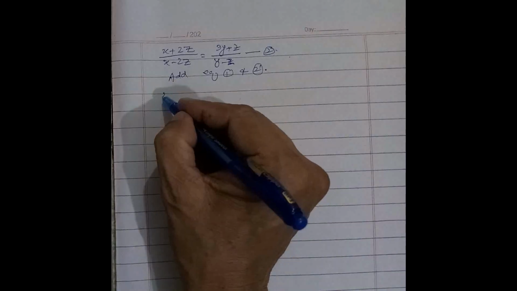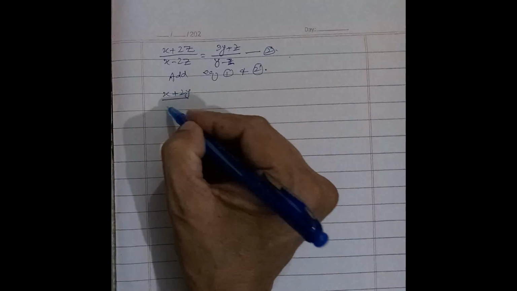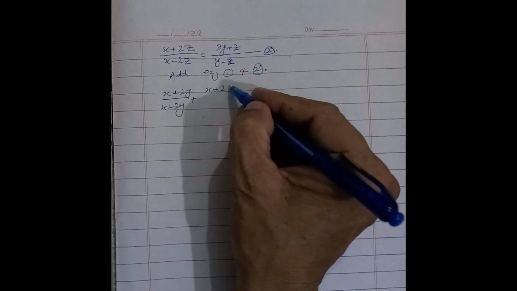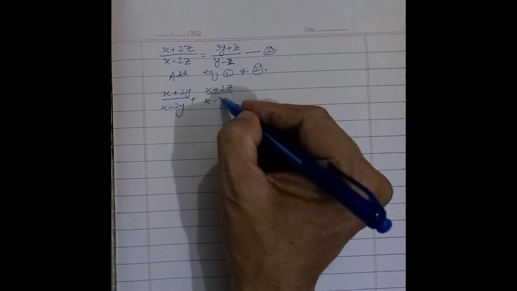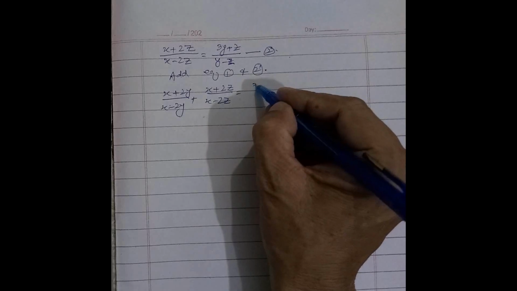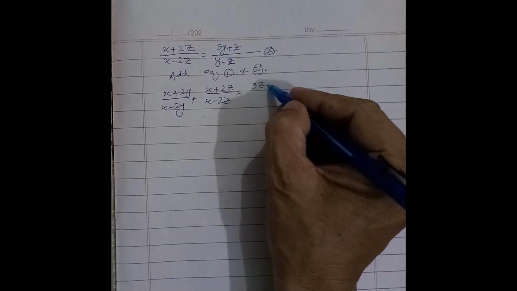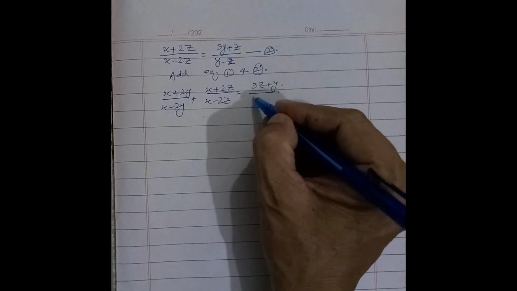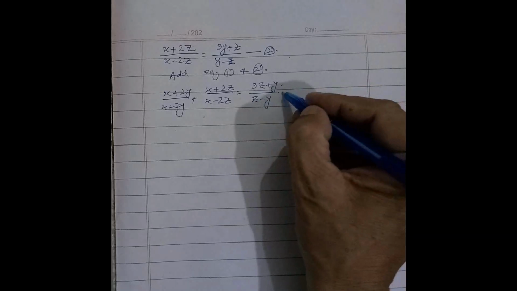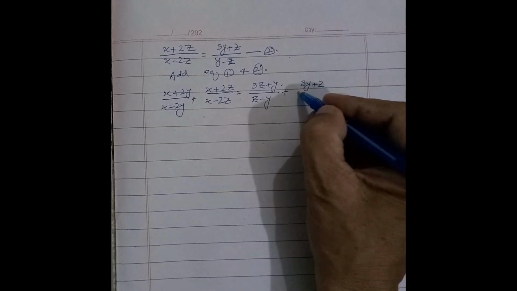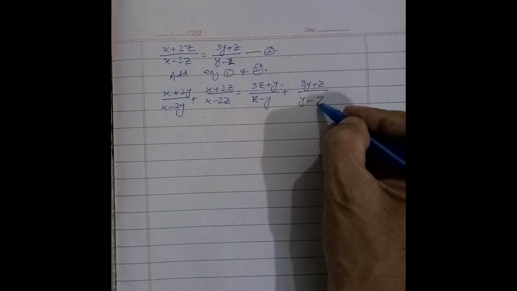We get x plus 2y over x minus 2y plus x plus 2z over x minus 2z is equal to 3z plus y over z minus y plus the second is 3y plus z over y minus z.